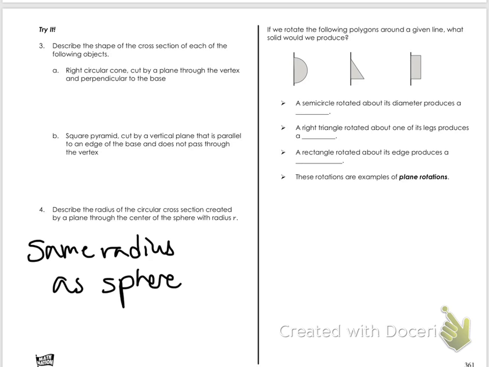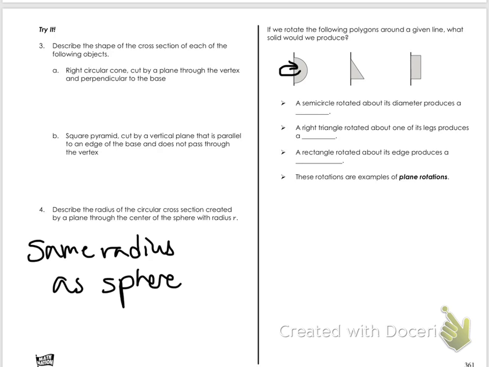All right. So then last, if we rotate the following polygons around a given line, what solid would we produce? A semicircle rotated around its diameter produces a blank. All right, so we're visualizing this going around in a circle, winding up right back where it started. I hope that you can see that all of these rotations are going to produce a shape that is round.